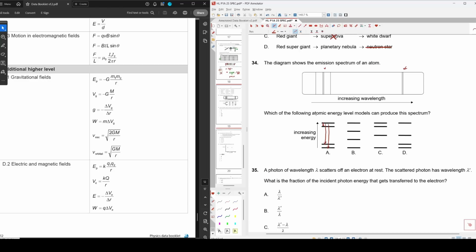It's going to be not B. Those are all even. I'm thinking there are 2 really close wavelengths over here. The energy of a photon is the energy difference in your levels. So 2 energy differences have to be really similar on the low wavelength end, and 2 energy differences have to be really similar on the high wavelength end.